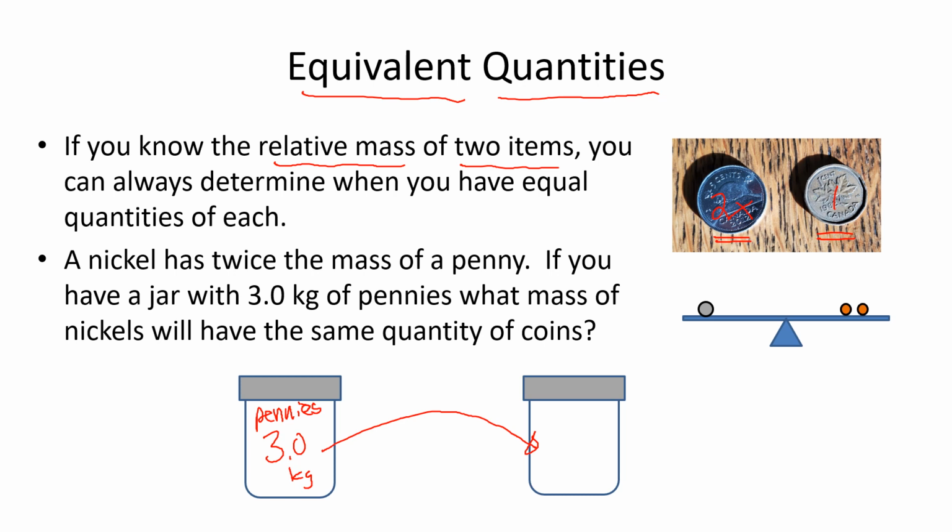And so just like you know that an individual one is 2 times the mass of a single penny, well, 2 times the total mass will be the same number of nickels, equal number of nickels. So you don't have to know the exact quantities to be able to figure out equivalent quantities. We know that because of the relative mass of these two objects, that we have equivalent quantity of them because we have the same proportion of masses.